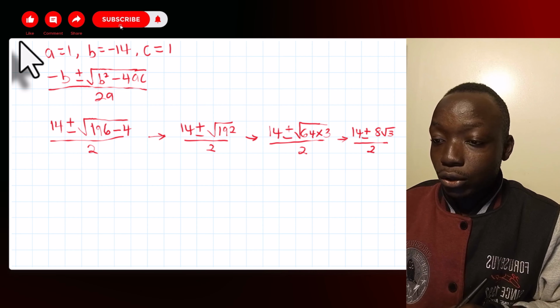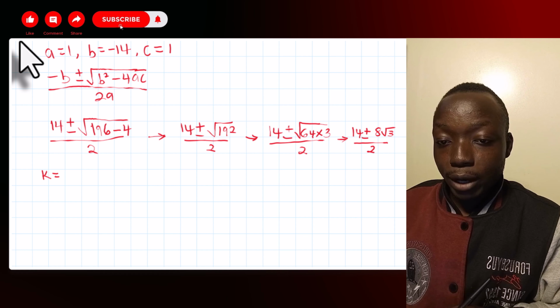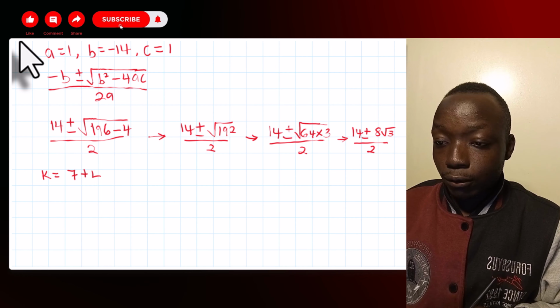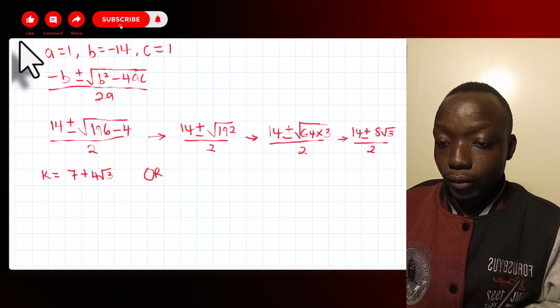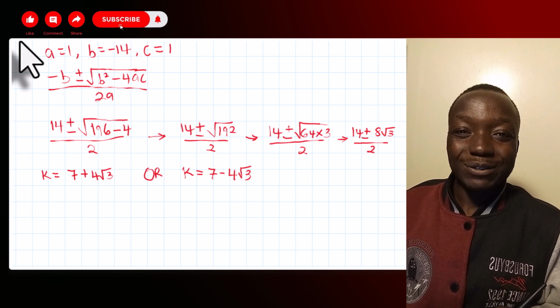So our two solutions are going to be k is equal to, if you divide through by 2, 7 plus 4 square root 3, or k is equal to 7 minus 4 square root 3. So this is the first phase.